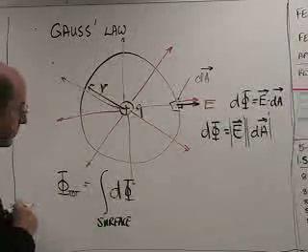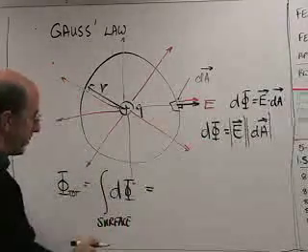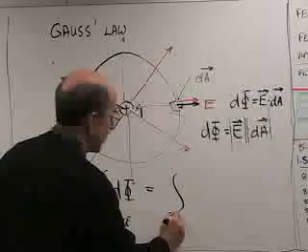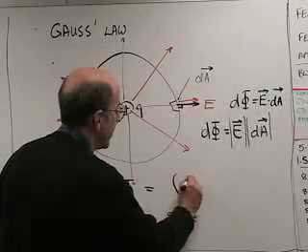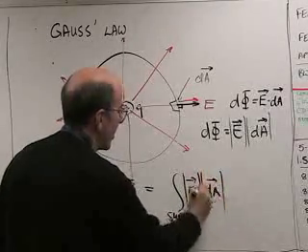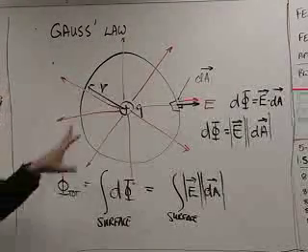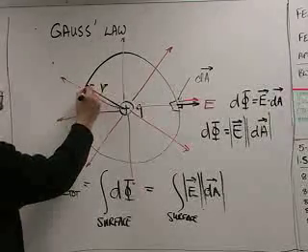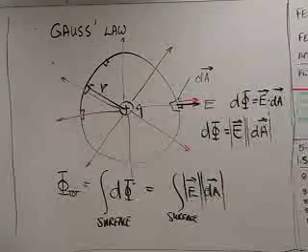We can use the expression we got here for d phi and replace it, and we're going to get the integral over the entire surface of E dot dA. For instance, we've got little d phis over here and over here. We're just going to sum over each part of that spherical surface.